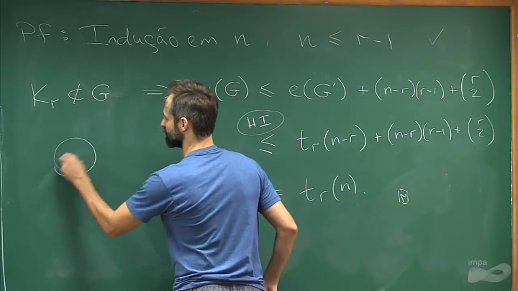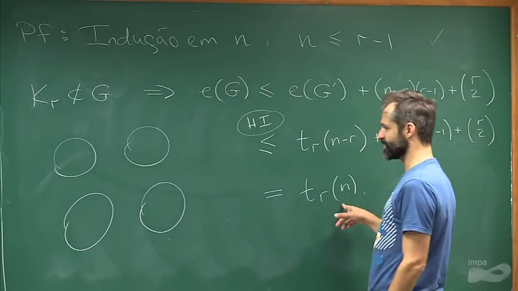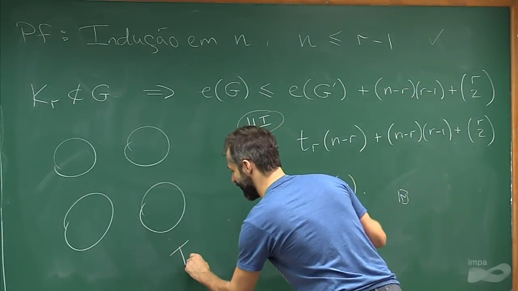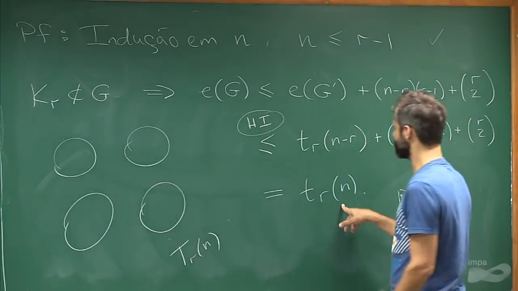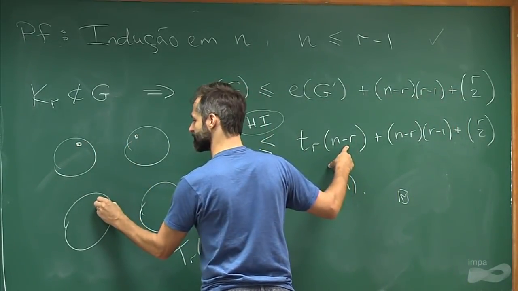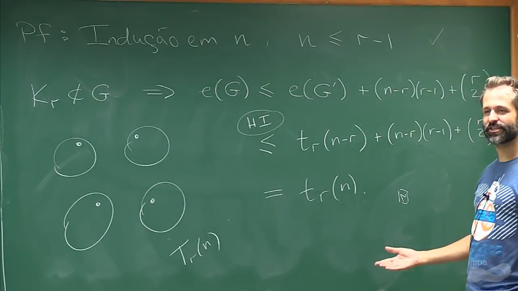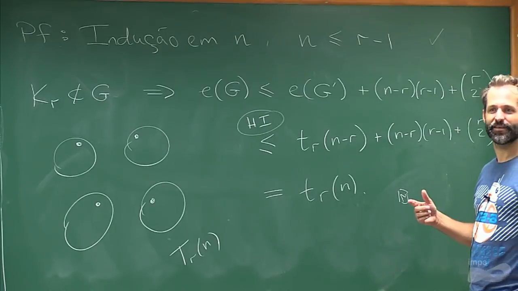Okay, so let me draw it in like this. If this is the Turan graph T_r(n), to get this guy, we just remove one vertex from each class. Let's count how many edges we remove when we do that.